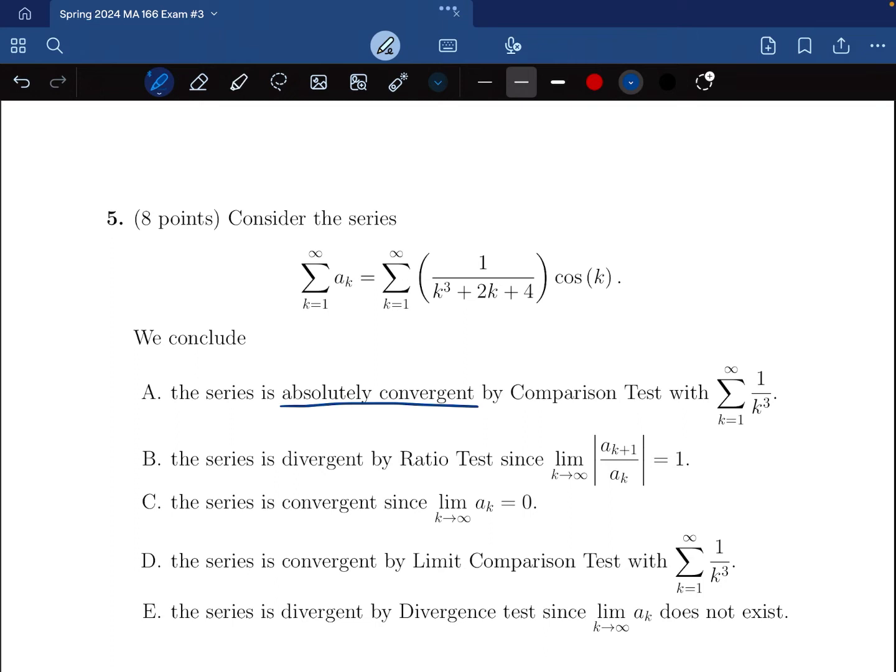Okay, so if we have a series a_k, it is absolutely convergent if this converges and if the series that consists of the absolute value of each term in the original series also converges. So if both of these series converge, that implies absolute convergence.